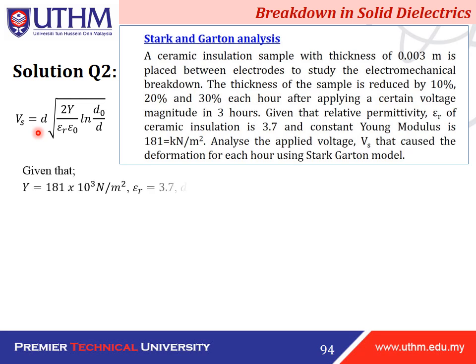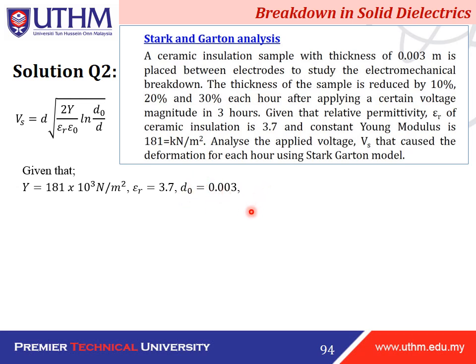First is to extract the data. From the question we know that the Young modulus is 181 times 10 power 3 because of kilo, epsilon R is 3.7, and the initial thickness d0 is 0.03 meter.